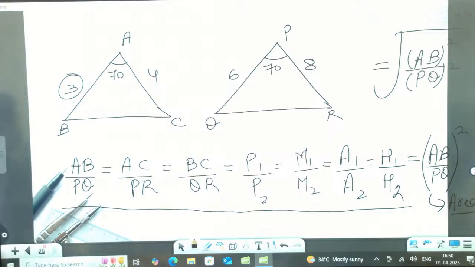Make a star on this question. They just ask these types of questions in exams. So the area ratio is 9:16.